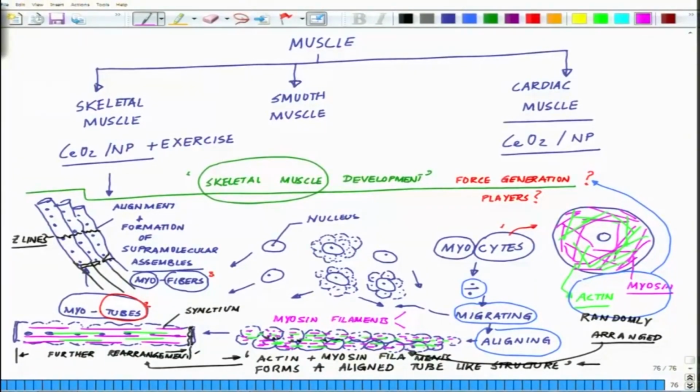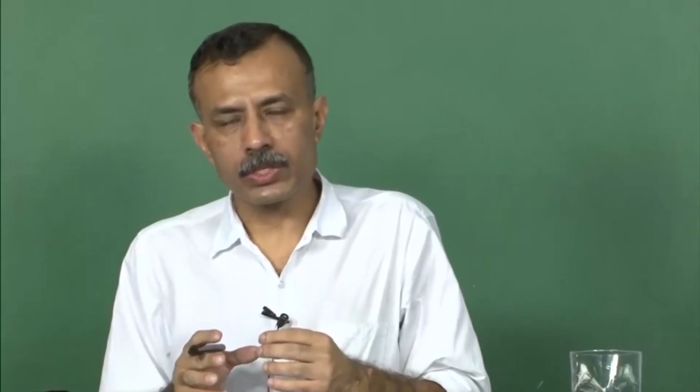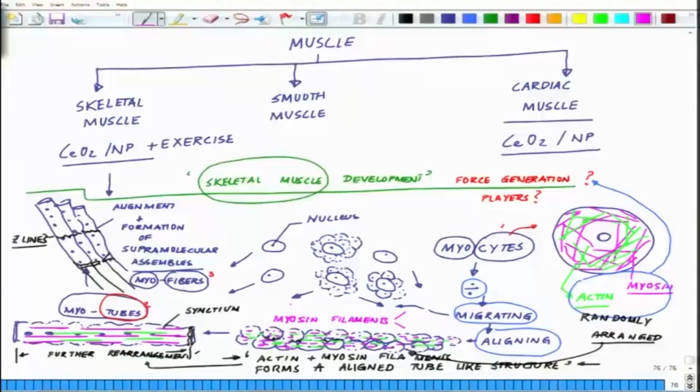Some of these myosins, in humans or any species which grows in the mother's womb, are a different kind of myosin protein during the fetal stage.